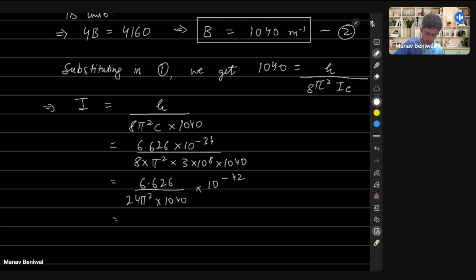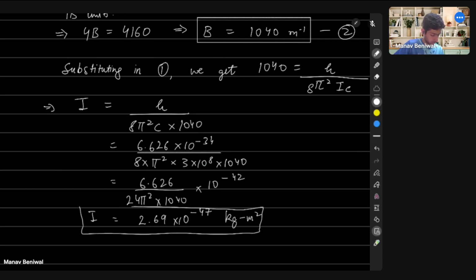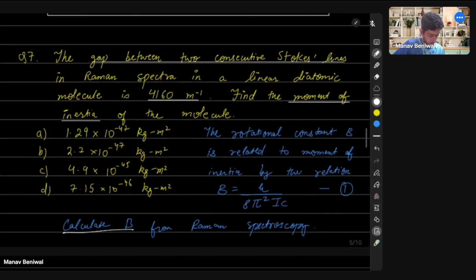This comes out to be 2.69 into 10 to the power minus 5, and we already have minus 42 here, so that will make it minus 47. And this is kg meter squared. So let's put it in a box. Great. So this is 2.69, closest to option B.